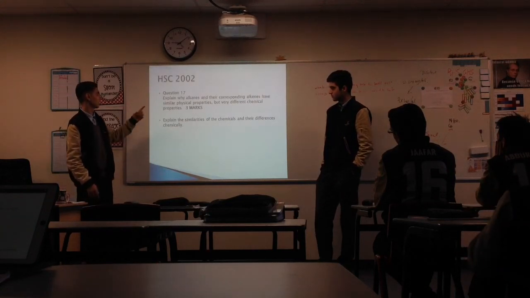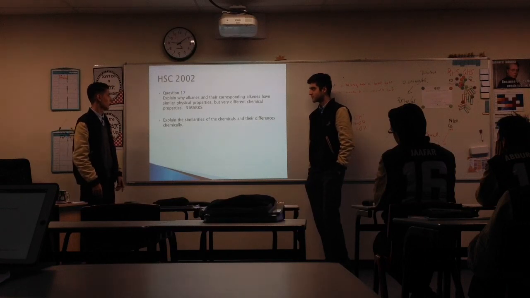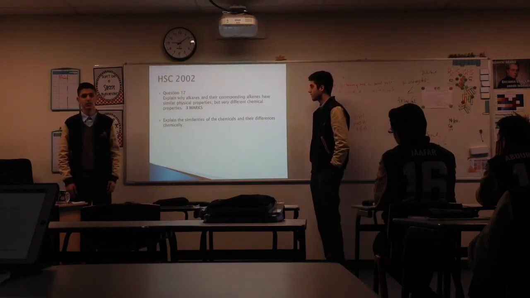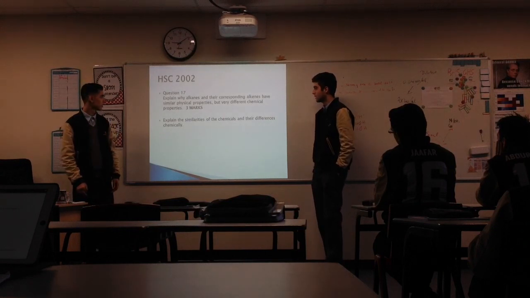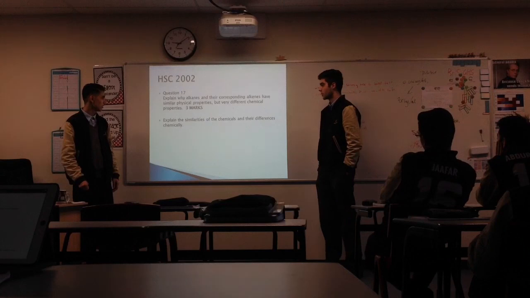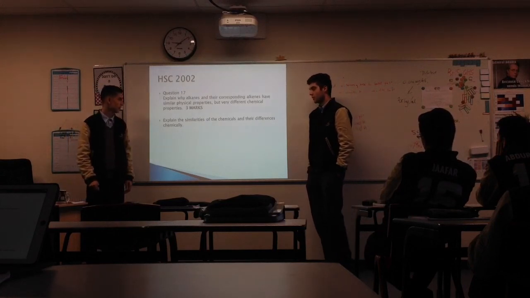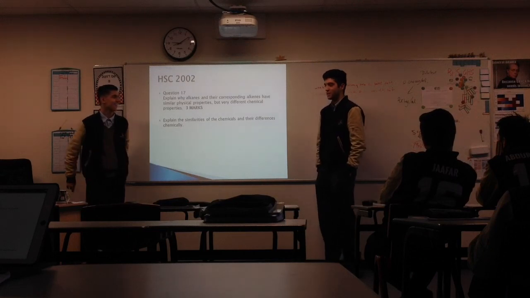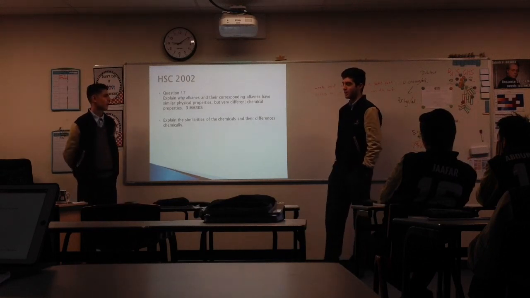So this is a question from the HSC 2002. The question is: explain why alkenes and the corresponding alkanes have similar physical properties but very different chemical properties. There weren't any marking guidelines. You just have to explain why they're different and why they're similar.